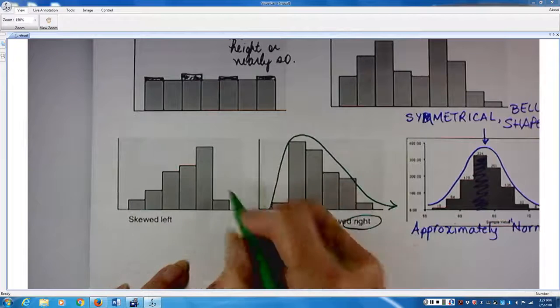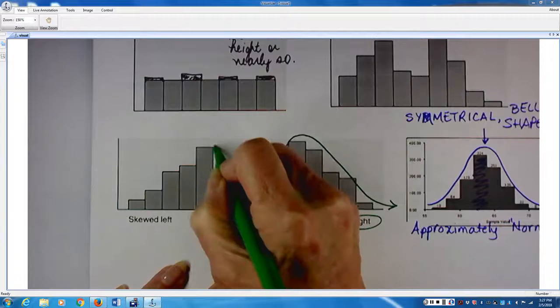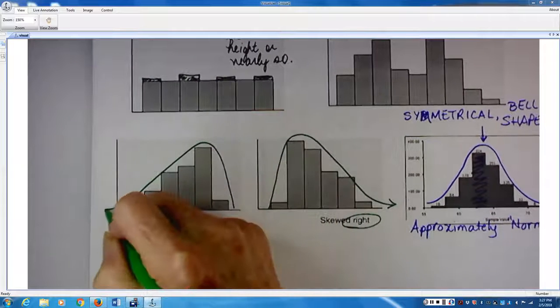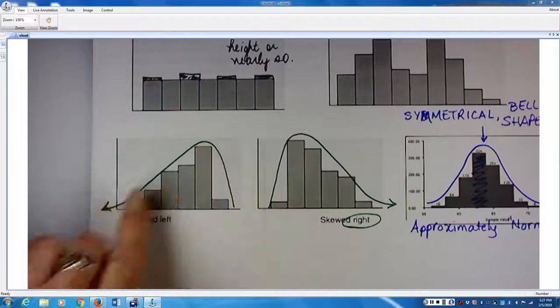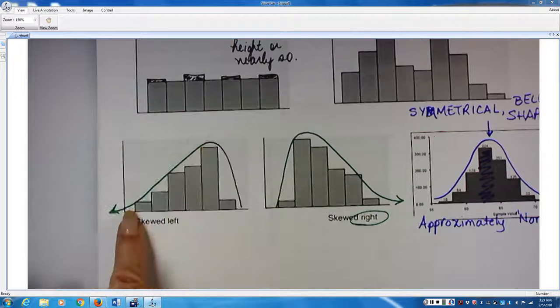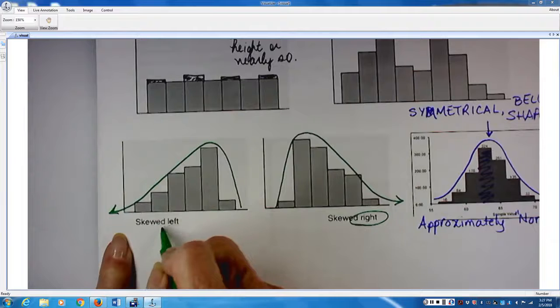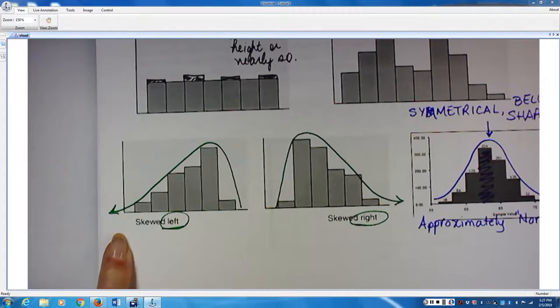This one, on the other hand, is skewed left, because the peak that causes the gradual increase is on the left. So this one is skewed left. Okay? It isn't the peak that tells you where the skew is. The skew goes the way the skier wants to go off of the peak. Okay?